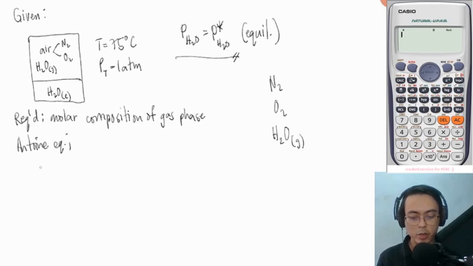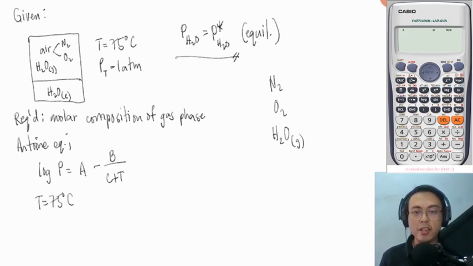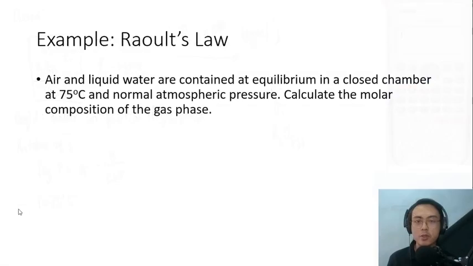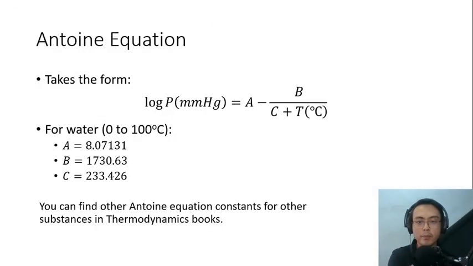So let me write the Antoine equation. Log of P is equal to A minus B over C plus T. We know that our temperature is 75 degrees Celsius. If we substitute A, B, and C, we can solve for P. So let's go back first to the Antoine equation.